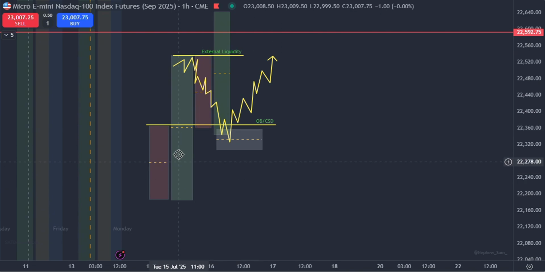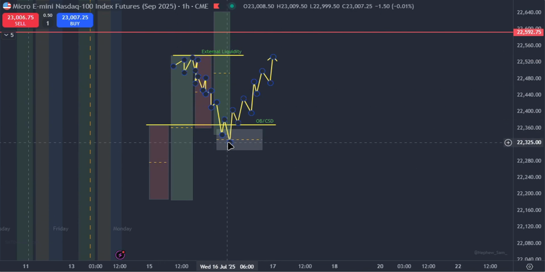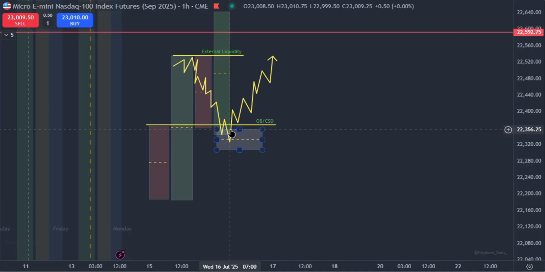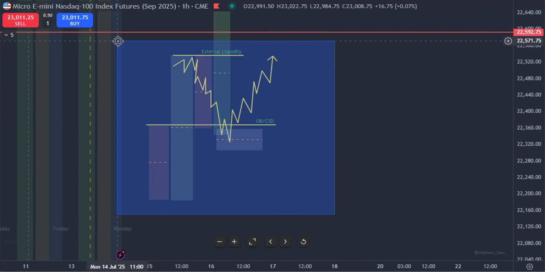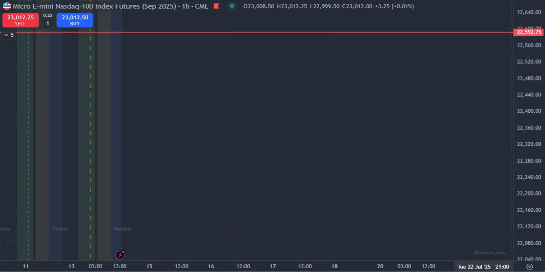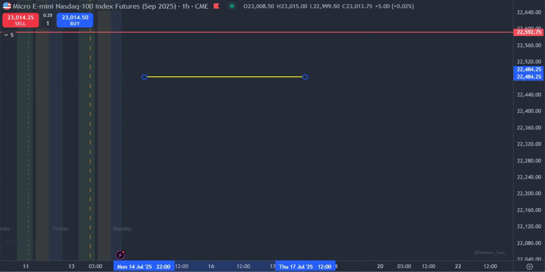You'll drop down to your lower time frame, and then you'll see CSD here. Enter, and then target your external liquidity. Before I show you some examples, I'm going to do a quick, brief reminder of what we look for.